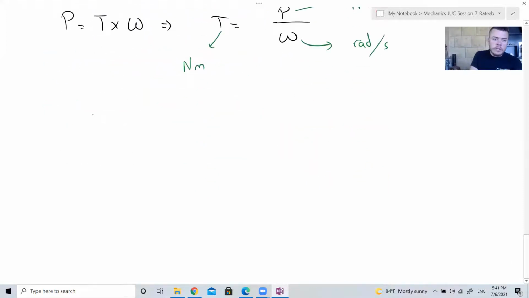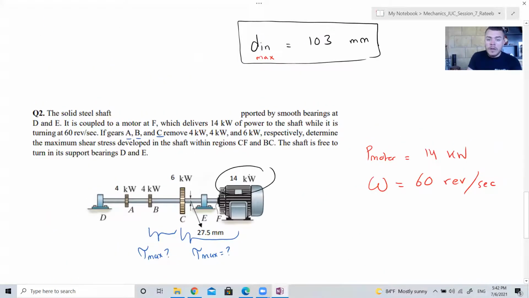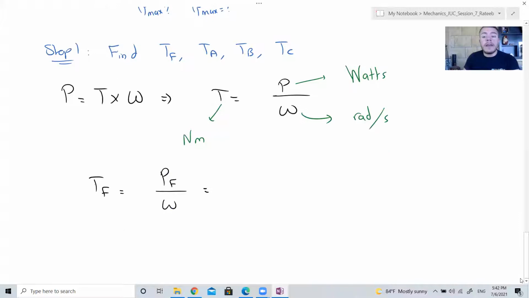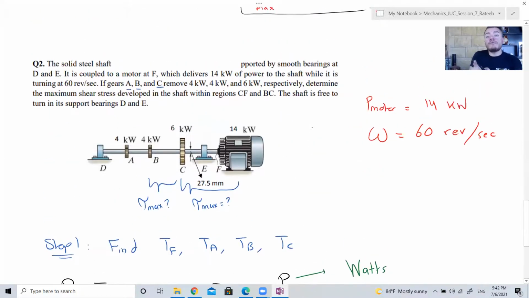So if you start with TF, it's going to be the power of F over omega. What's the power of F, of the motor? 14 kilowatts, which you need to convert to watts, so 14,000 watts over omega. How do you move from revolutions per second to radians per second?